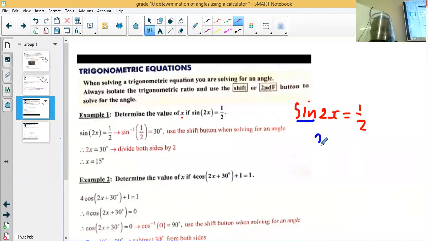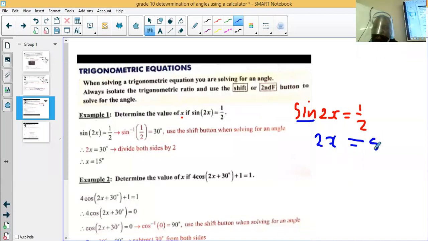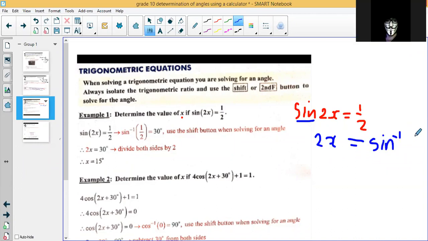If you press the shift button and then you press sine, it will give you something like this. What do we call this one? Arc sine.